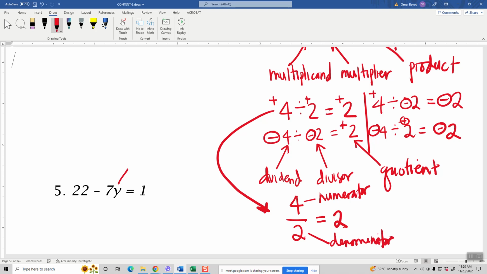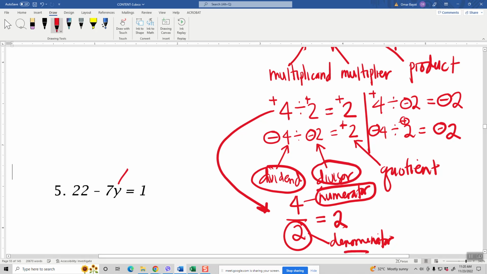So it follows that dividend and numerator mean the same thing. Okay? And divisor and denominator mean the same thing. Okay?